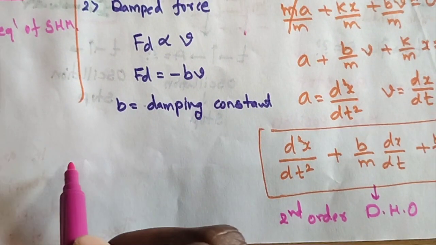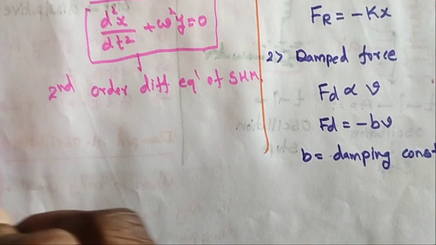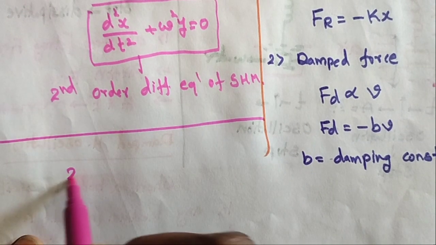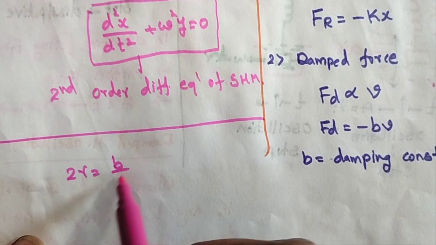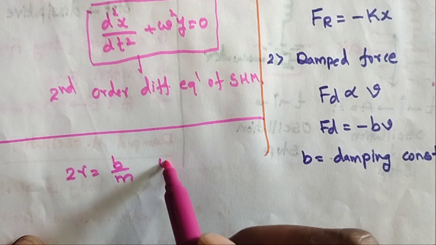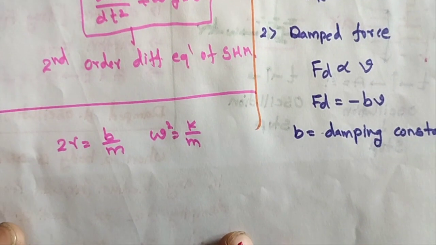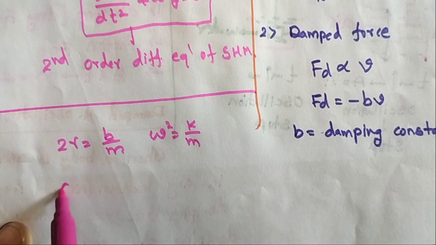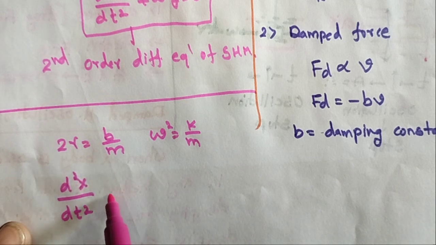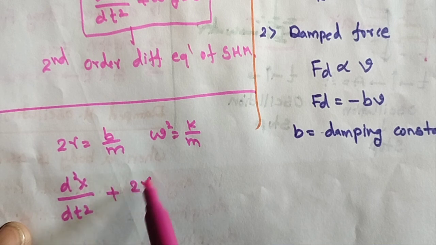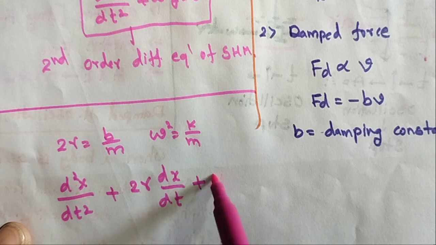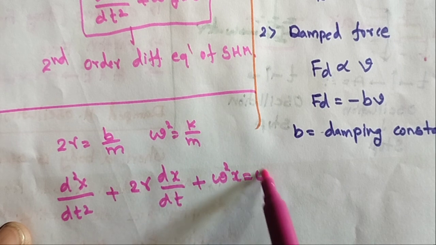Sometimes I write 2 gamma is equal to b by m and omega square is equal to k by m. So I can write another equation: d square x by dt square plus 2 gamma dx by dt plus omega square x is equal to 0.